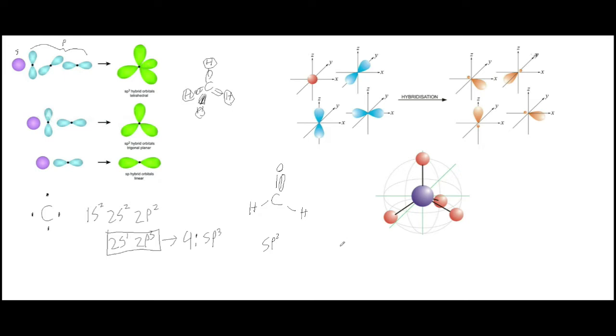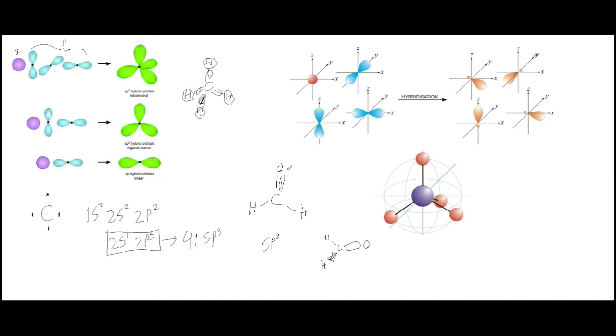And if we try to shift the perspective on this, we have our sp2 hybrid orbital going to the oxygen, and we have one of the H's going into the page, one coming out of the page. So we're looking at this flat on, and you can see in that case, instead of this tetrahedral shape, we have more of a triangular shape.